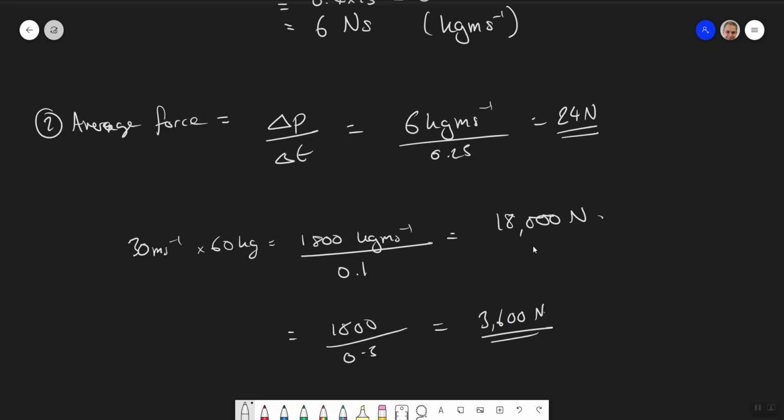That's a much smaller number for what doesn't appear to be a great length of time. But in many collisions, because the length of time is so short, any increase in the length of time, even to what still appears to be a short time, has dramatic impacts on the amount of force exerted.